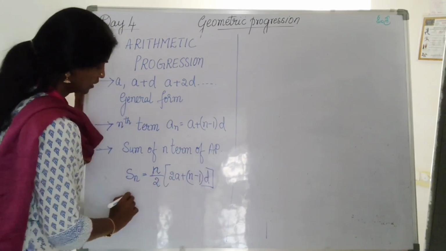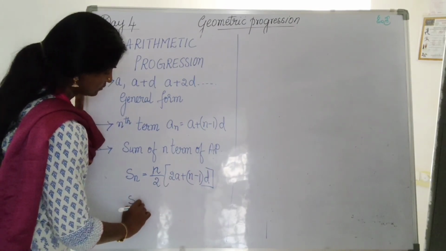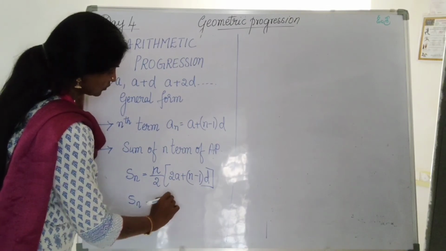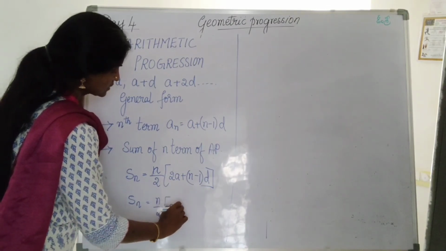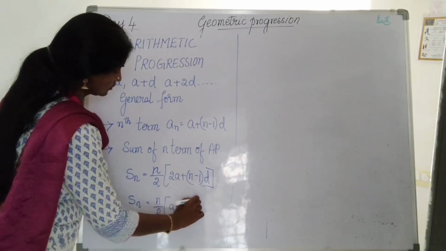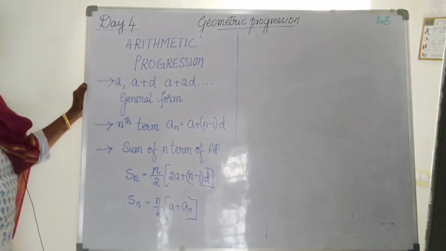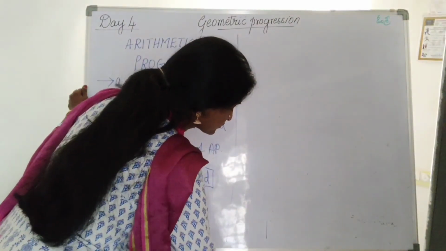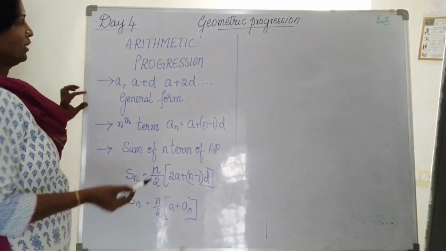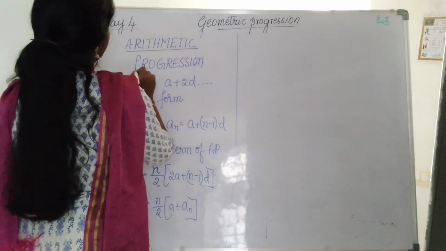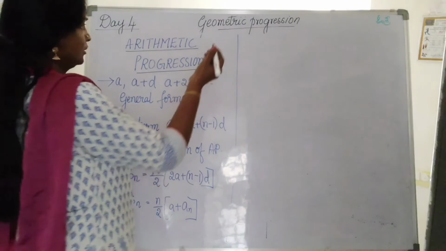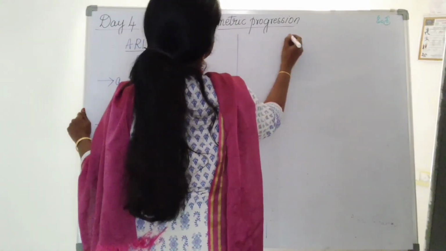And another formula was Sn is equal to n by 2 into a plus an. So these are the formulas that we have learned in arithmetic progression. Now let's see what we have learned for geometric progression.